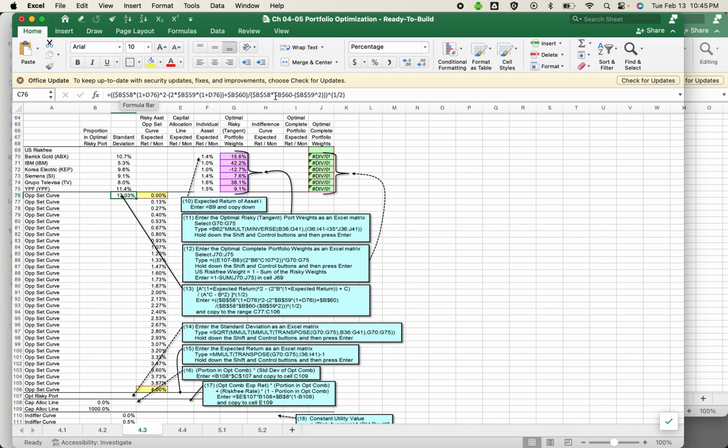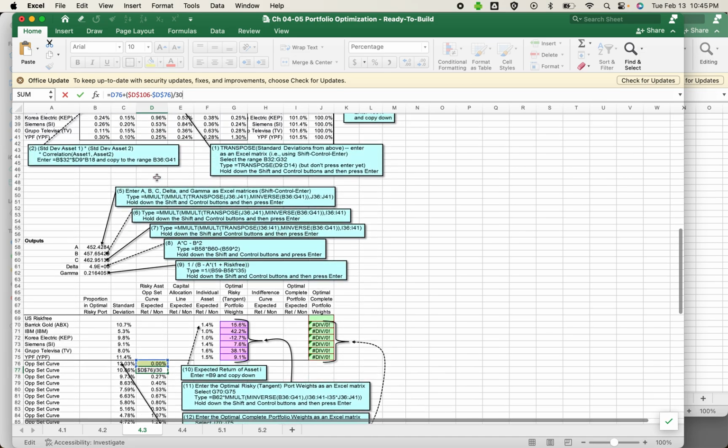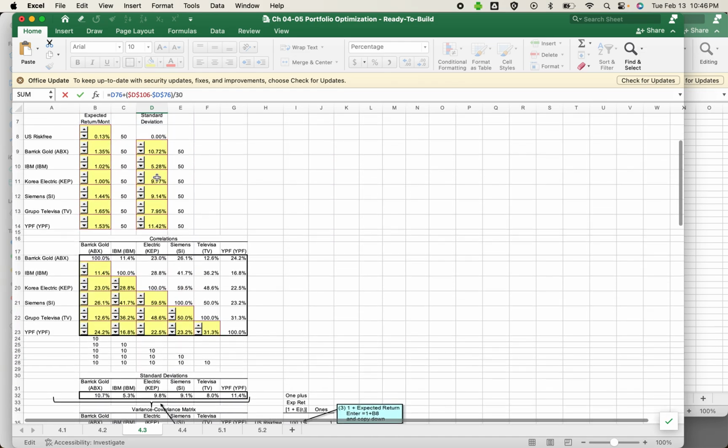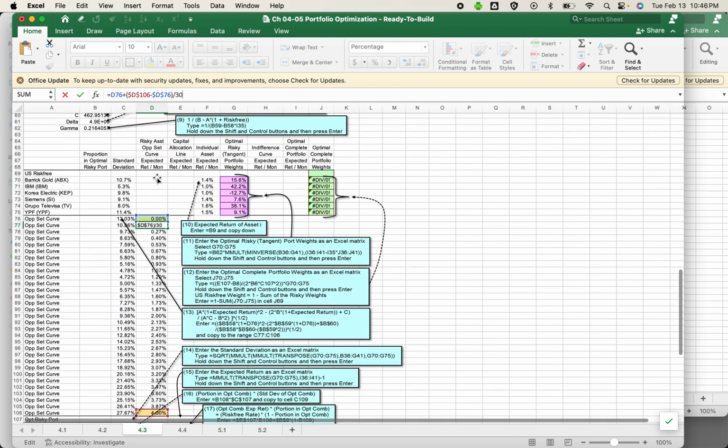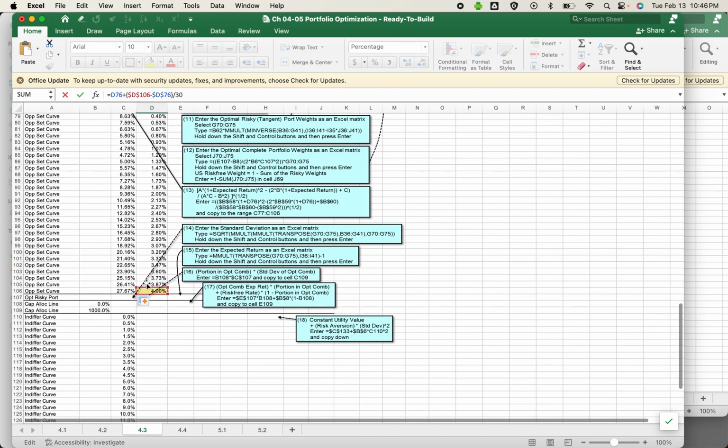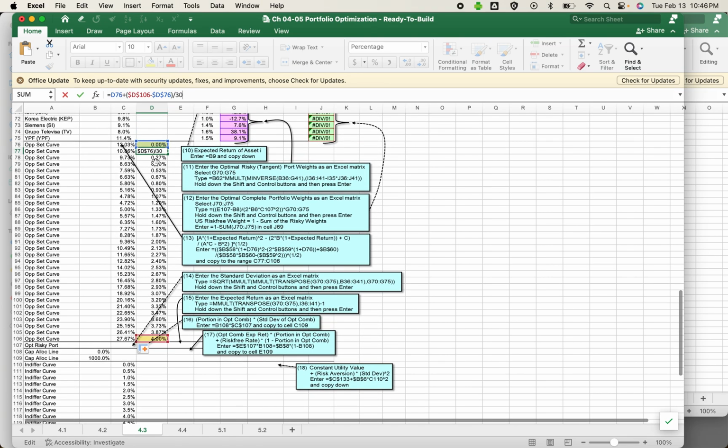Okay, and now that I verified that all my cells are locked, now I've got my standard deviations. Here I have D106. This was already here. I've got my opportunity set curve expected return and standard deviation that I calculated.